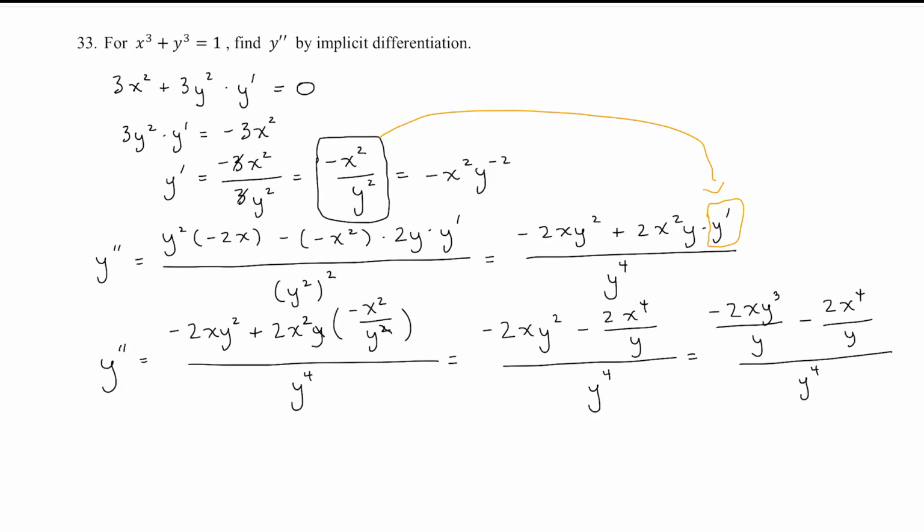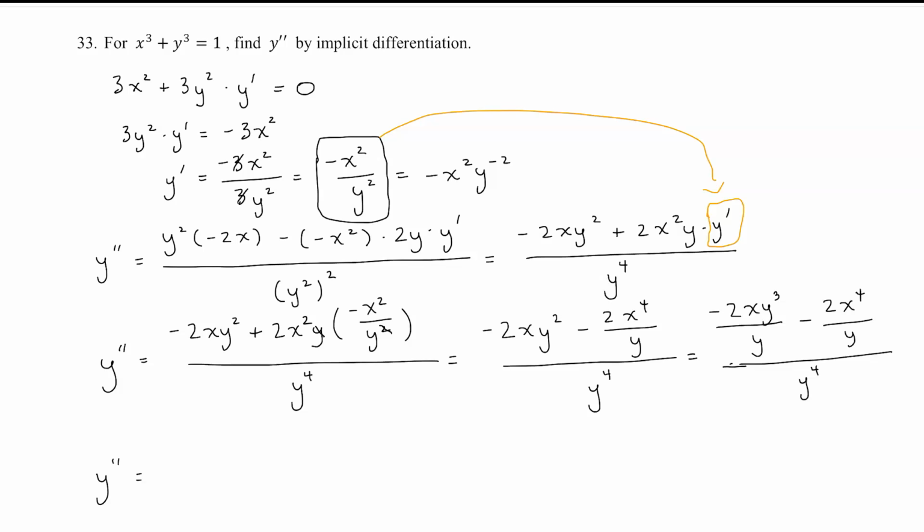So this is all algebra that we're doing here. Just make sure that if I were to re-simplify that first term in the numerator, it would in fact be negative 2xy squared, which is equivalent to what I have written here.